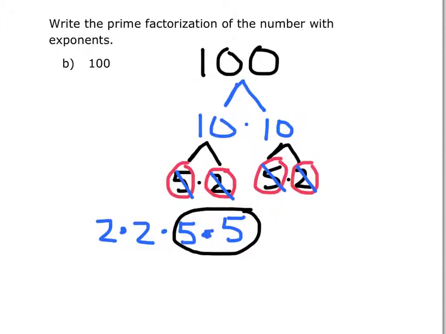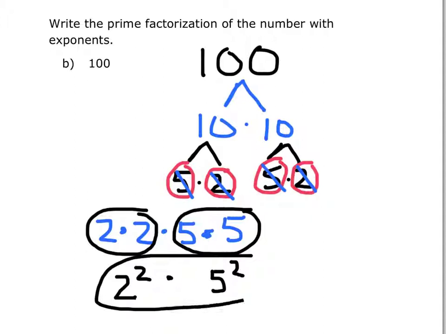Okay, since I'm multiplying 2 5's, I can write that as 5 to the second power. Times, now I have 2 2's being multiplied together, and I can write that as 2 to the second power. So the prime factorization of 100 using exponents is 2 to the second times 5 to the second.